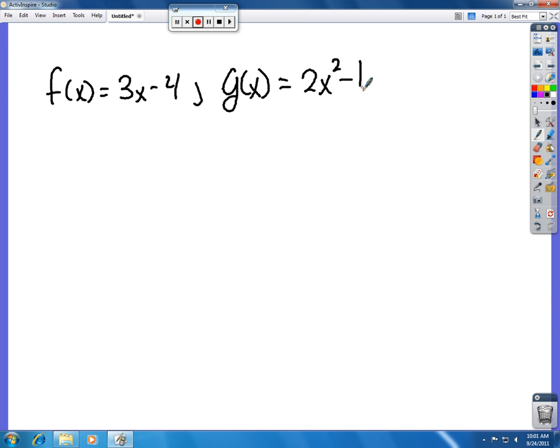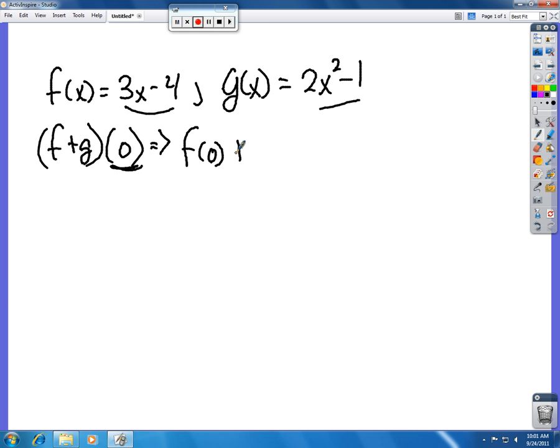If we had these two different functions, f and g, and we wanted to find, let's do addition first, f plus g, to make it simple, of 0. Again, this here is normally where x would be. So we're just going to plug in 0 for x in each one of these. So again, we can rewrite this as f of 0 plus g of 0.